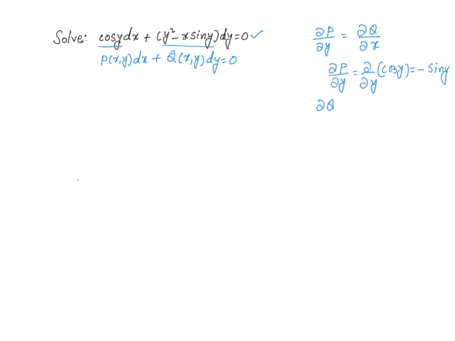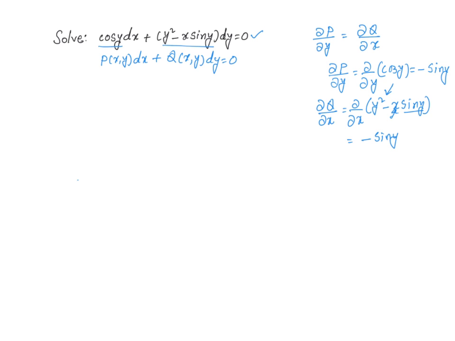Similarly, del q over del x is del over del x of y square minus x sine of y, which is actually just negative sine of y, because the derivative of y square with respect to x is 0 and the derivative of x with respect to x is 1, so that leaves me with negative sine of y.